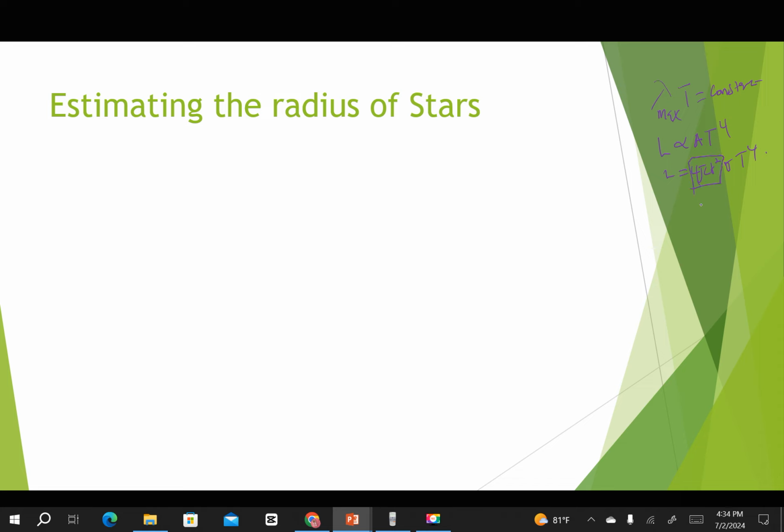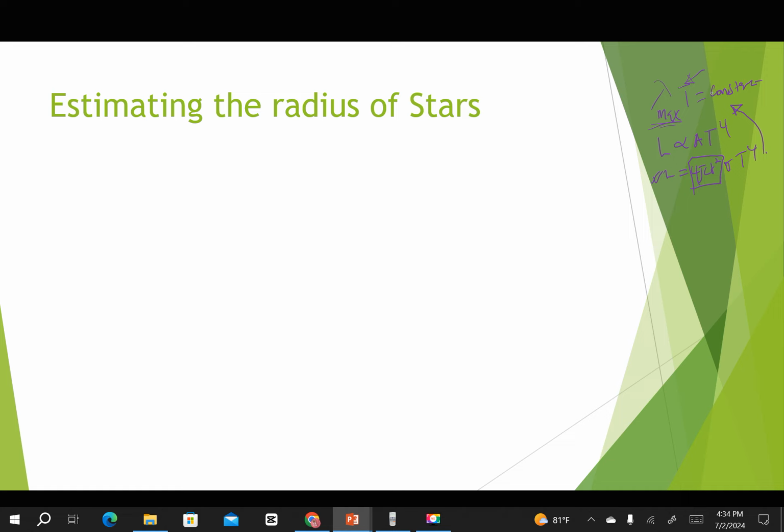So is it now possible for us to estimate the radius of a star? Yes, of course. If we know the luminosity of the star, and using Wien's displacement law, we can tell the surface temperature of the star, because the wavelength can easily be identified. If we see yellow, we know the wavelength of yellow.